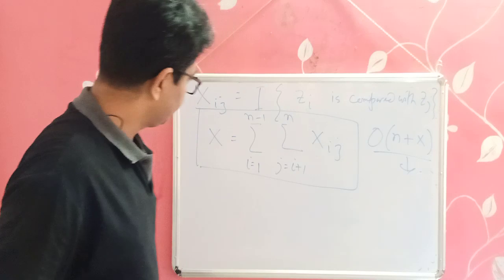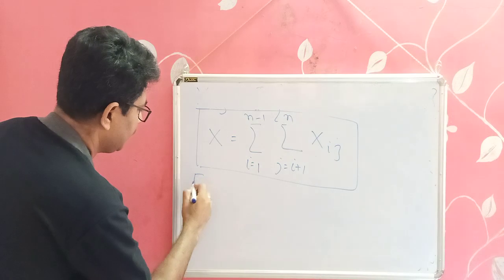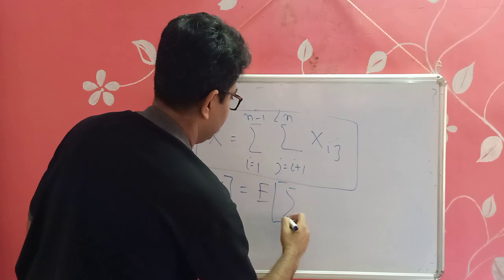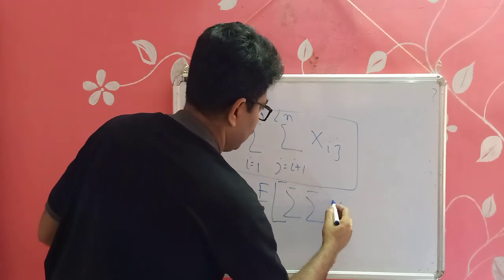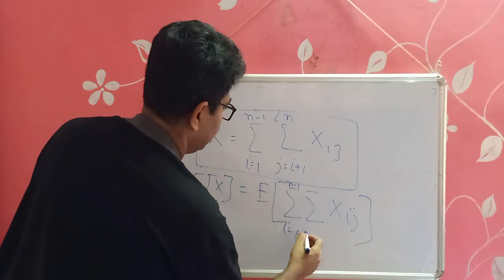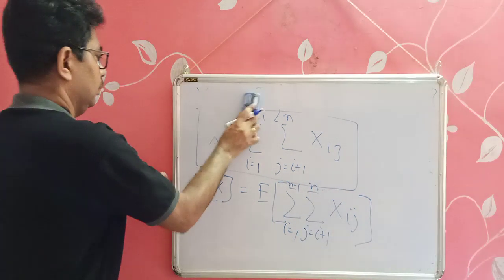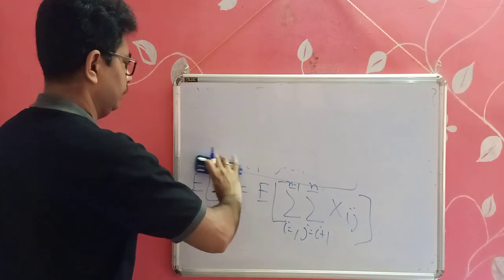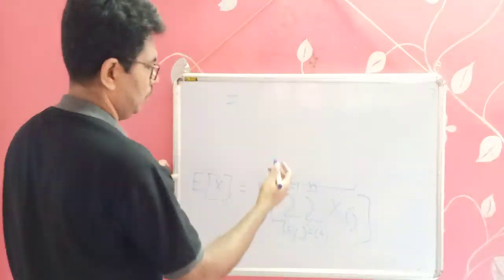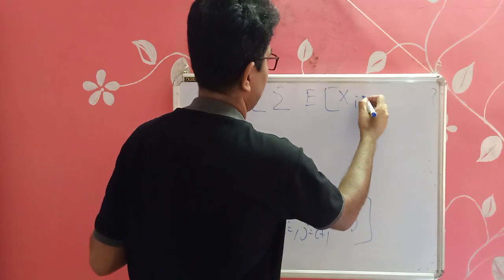Okay, so let us do this. We can say the expected value of X is equal to the expected value of this sum of Xij, where i equals 1 to n minus 1, j equals i plus 1 to n, right? So then we can write this is equal to the sum of the expected value of Xij.